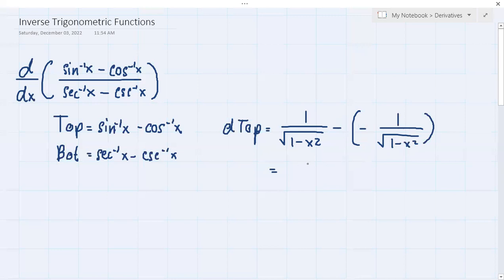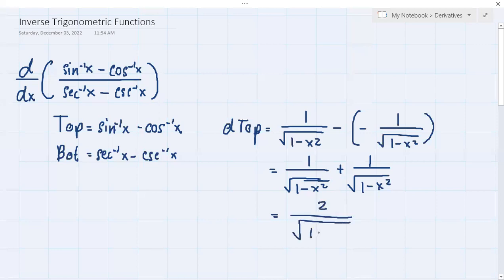So, negative times negative is positive. So, magiging 1 all over the square root of 1 minus x squared plus 1 all over the square root of 1 minus x squared. Now, add them together kasi both of them are similar fractions and because both of them have the same denominator, so i-add natin silang dalawa, we will have 2 all over the square root of 1 minus x squared.